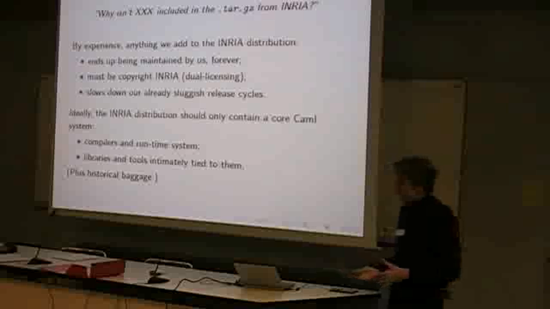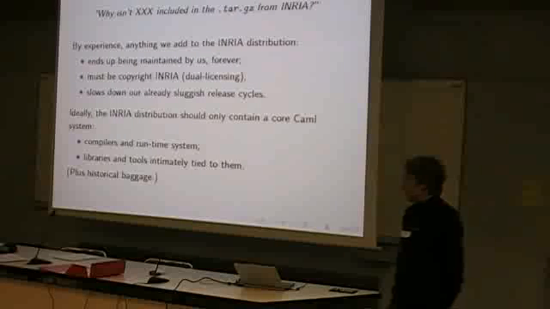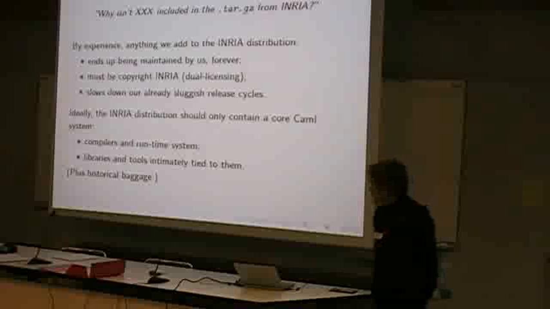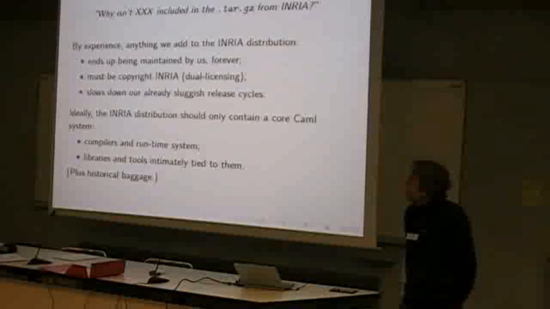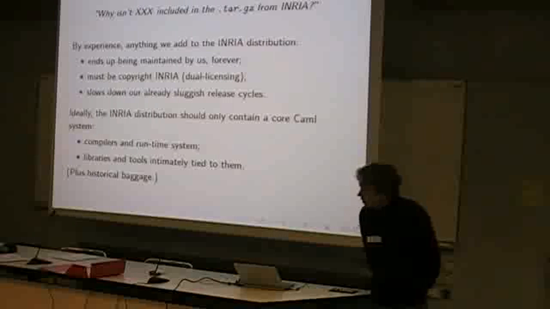And then there's everything else, which is copyright of whoever contributes it, and can have whatever license you want. You took the example of the hyper debugger. The debugger is one example of a piece of software that is intimately tied to the core system.